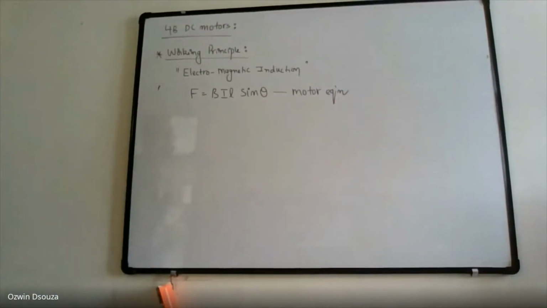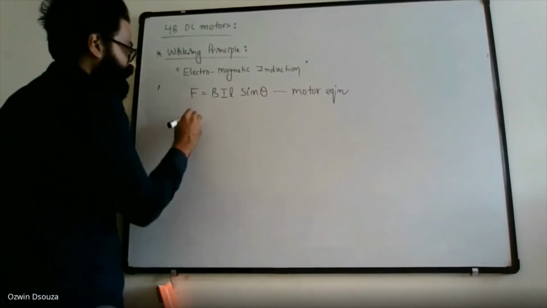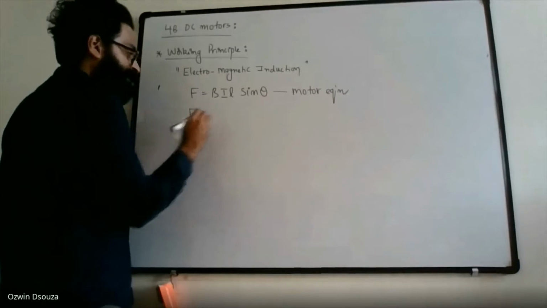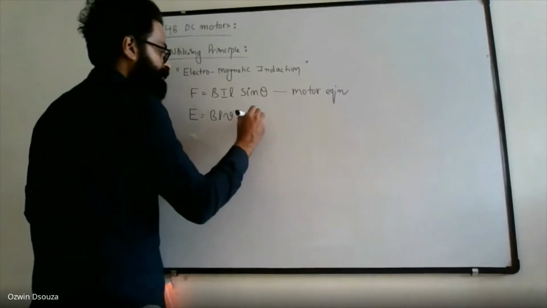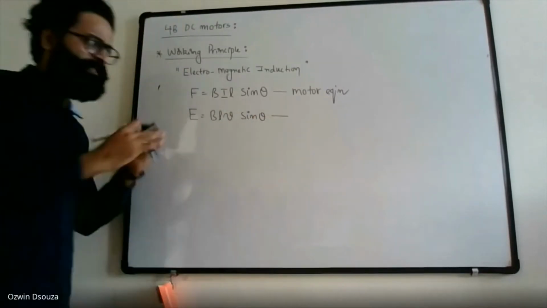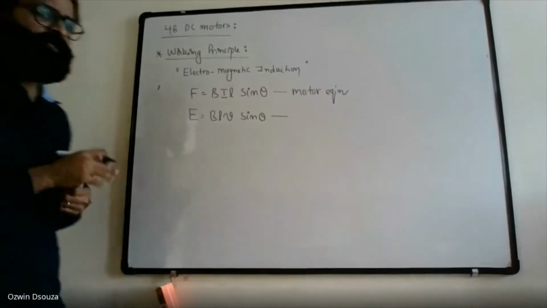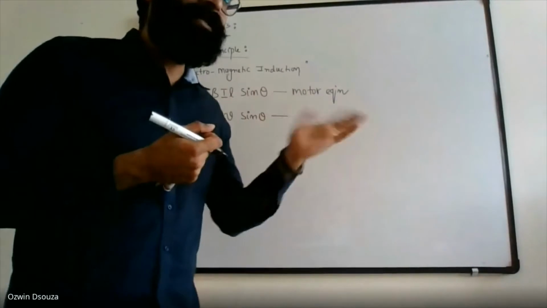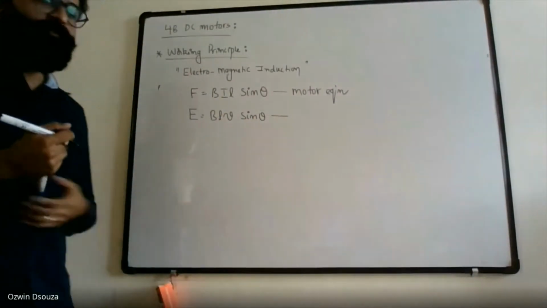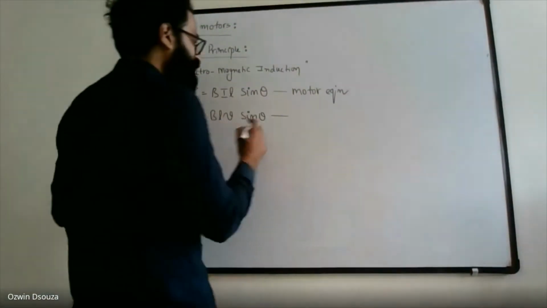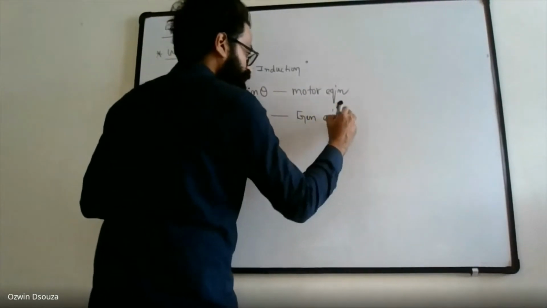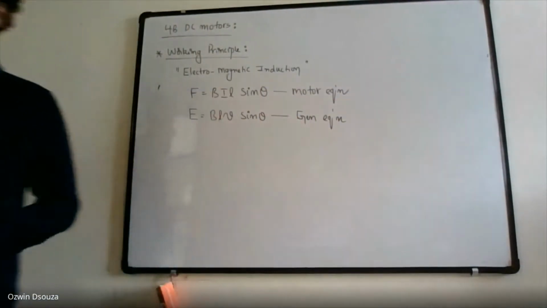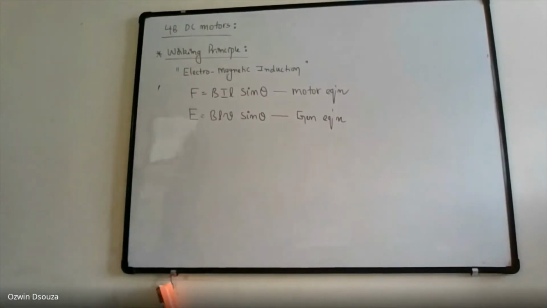On the other hand, in case of a generator, you have written E is equal to BLV sin theta. You see the difference. Conceptually it is one and the same, just that you are interchanging the type of input. So E is equal to BLV sin theta is your generator equation. You see, so beautifully you can compare the two machines.